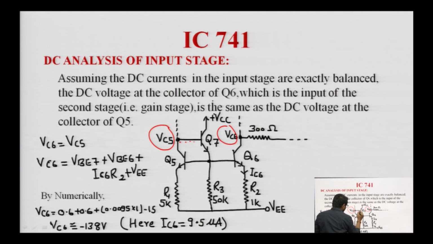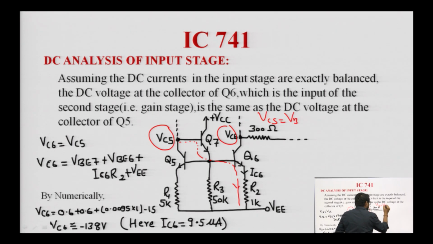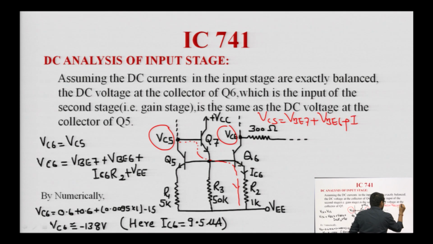a KVL for this path, which looks like this. Okay. For this path, we get VC5 equal to VBE7 plus VBE6 plus IC6 into R2.